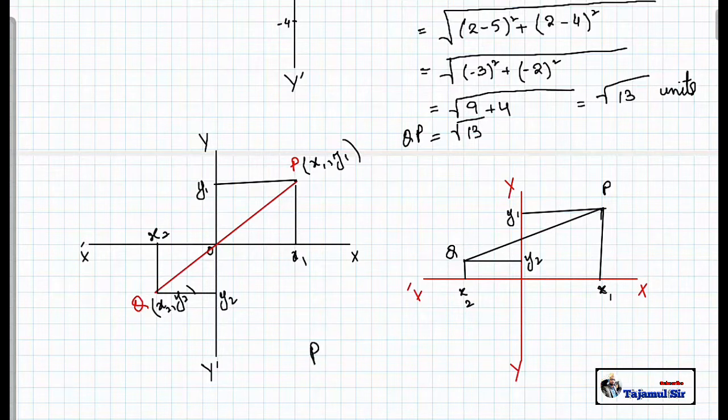If it is given in the question that the point is (4, 5), it means our 2 coordinates are given.